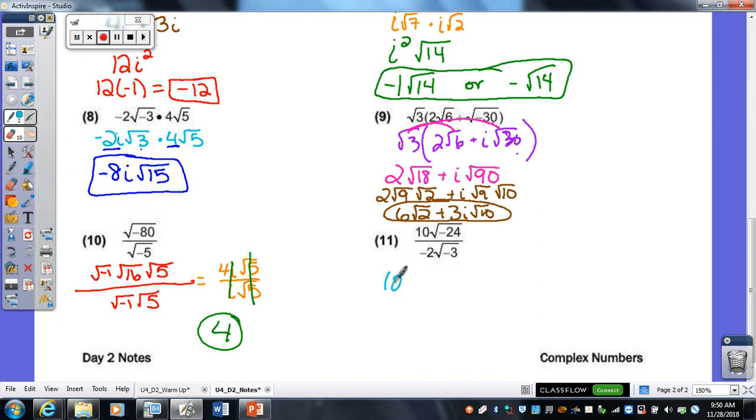So on our last one, the 11. What's our perfect square that goes into 24? Perfect square into 24. 4. There is no perfect square that goes into 3, so we can just take out the negative and make it an I in front of the radical.